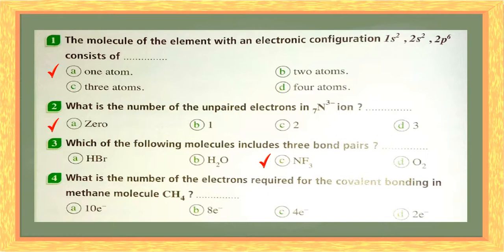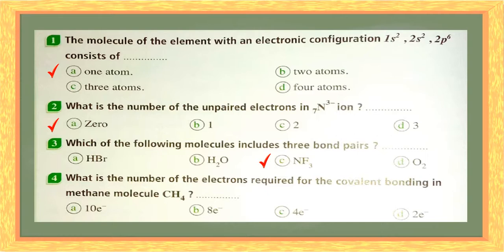Okay, let's go to question 4. What is the number of electrons required for the covalent bonding in the methane molecule CH4? We want to know the number of electrons needed for the covalent bond in this kind of compound. We have 4 electrons in the outer energy level, or the valence shell, of carbon.